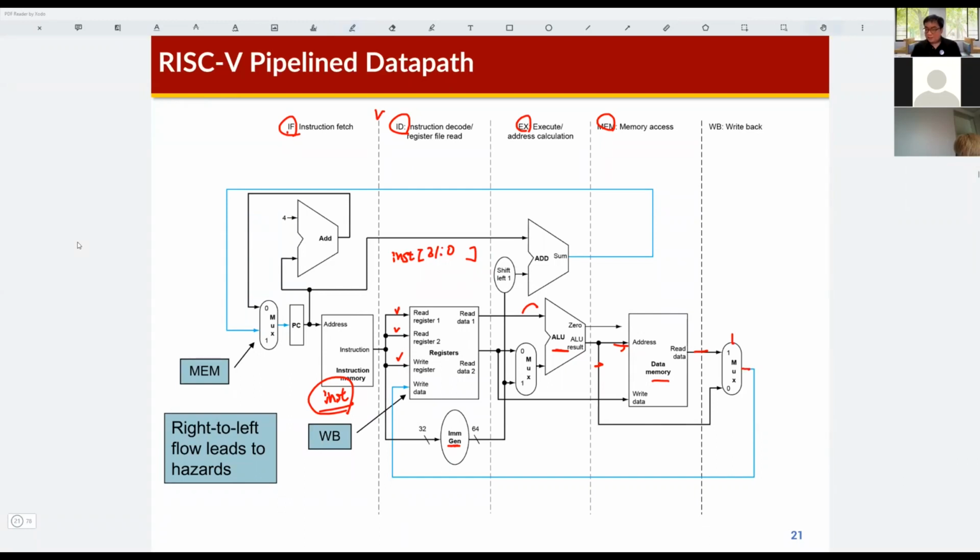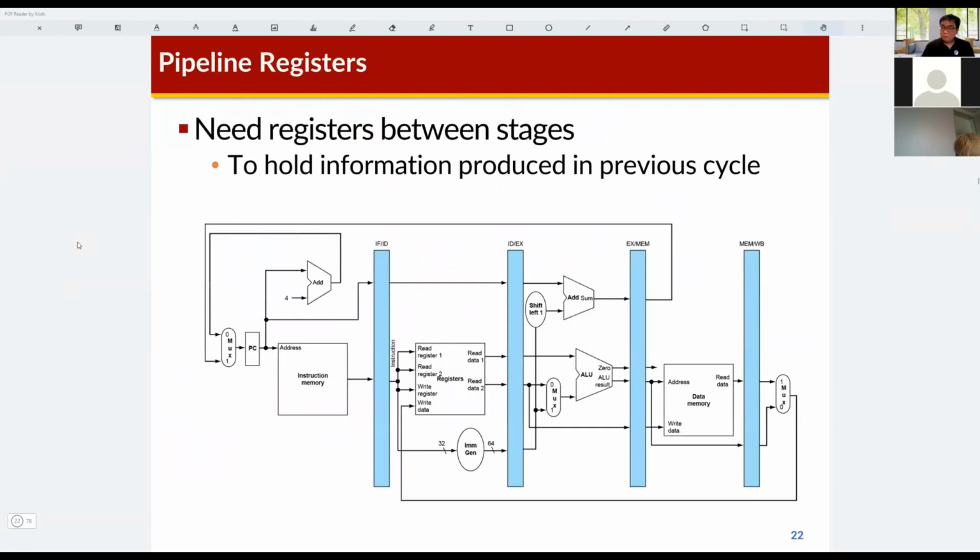So we just showed the single cycle processor, and we divided each stage based on how the instructions are executed in the processor. Okay, 5 stages. Then how can we implement the pipeline processor?